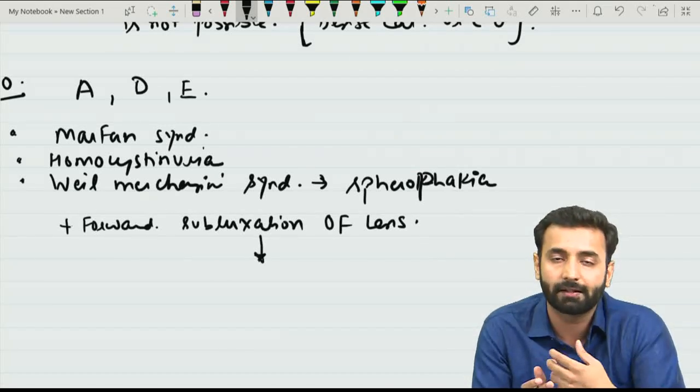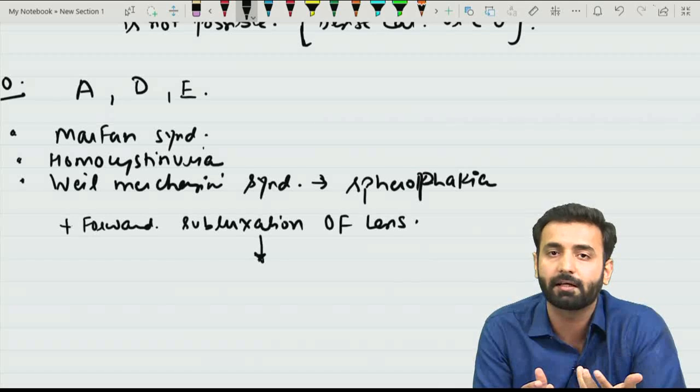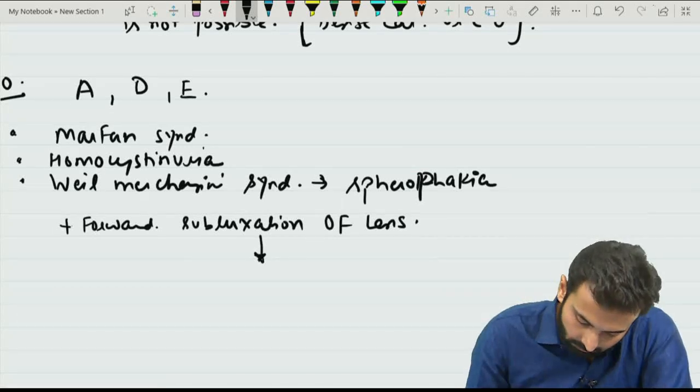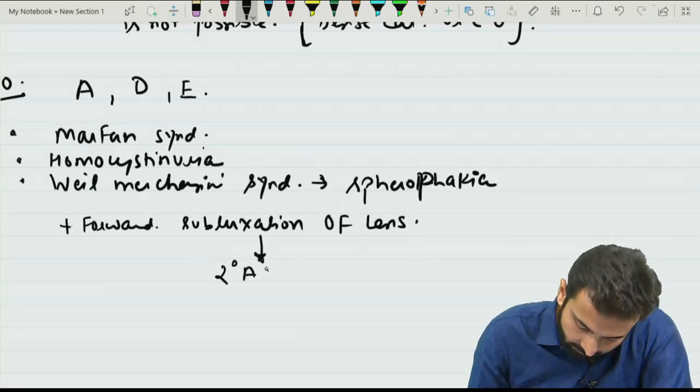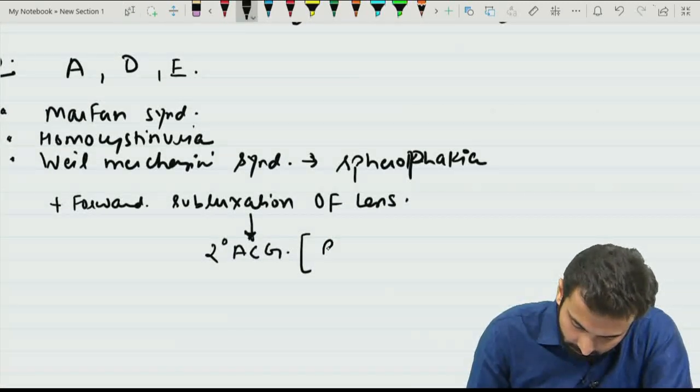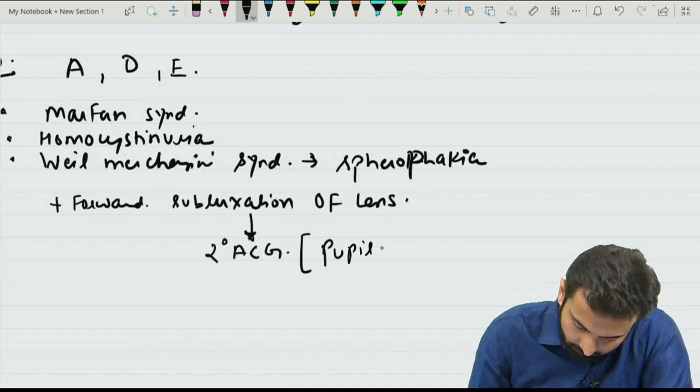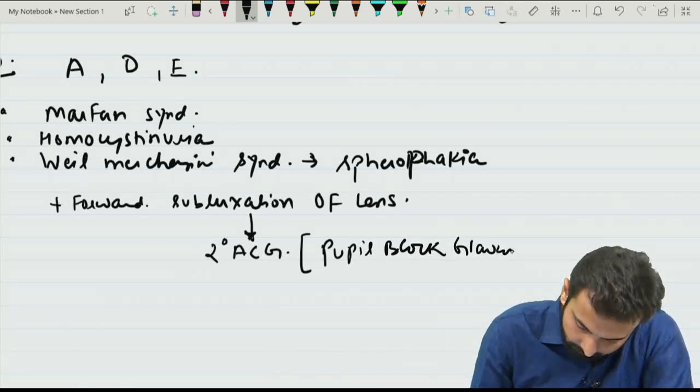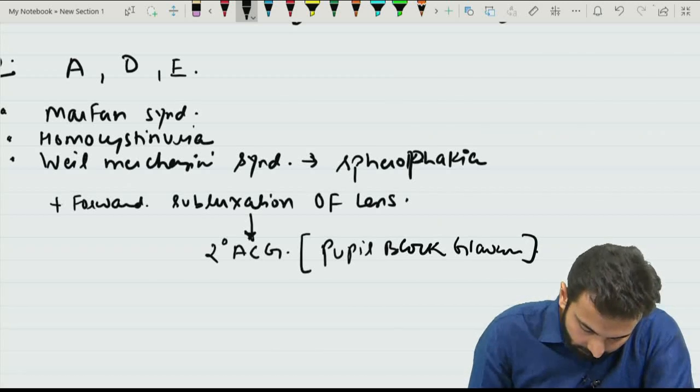It can cause secondary angle closure glaucoma if it causes pupillary block, right?